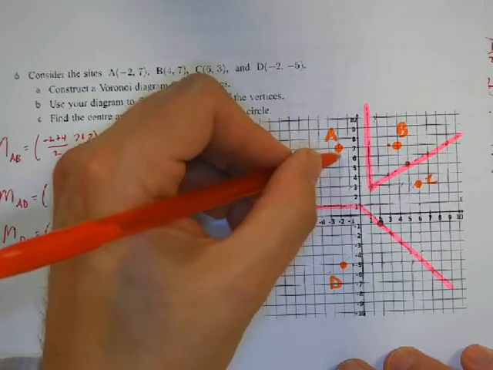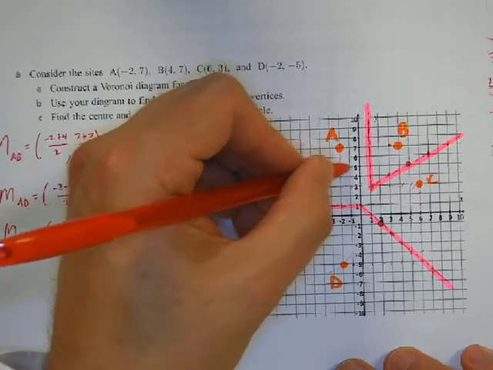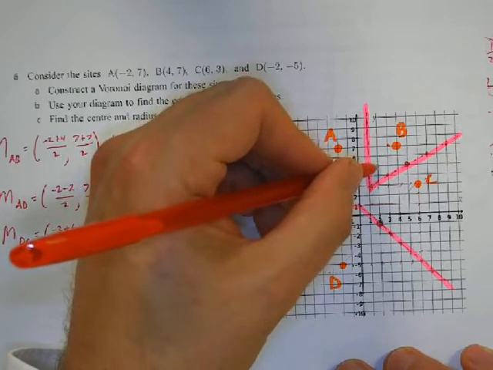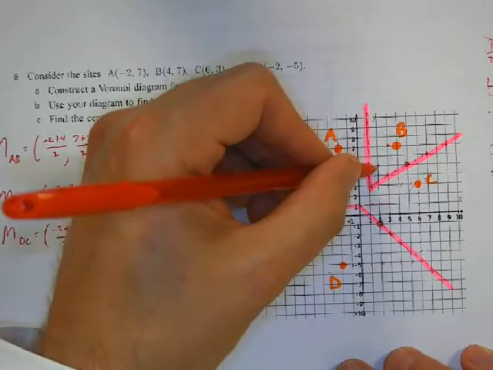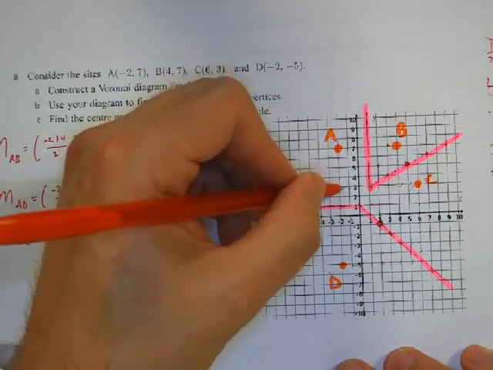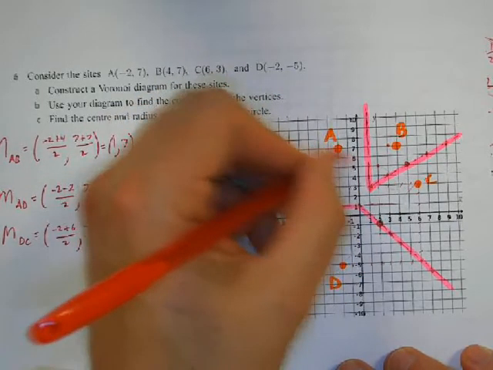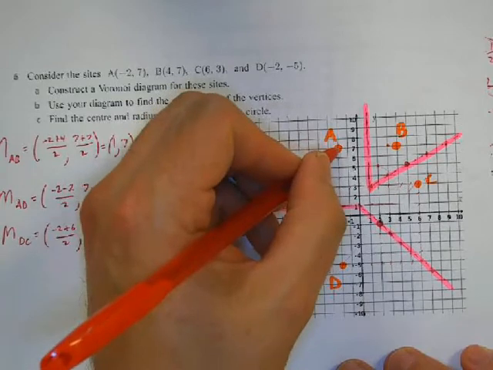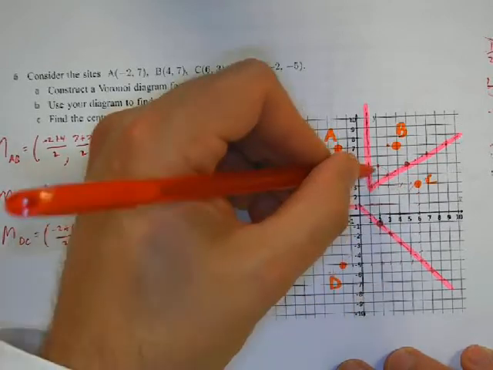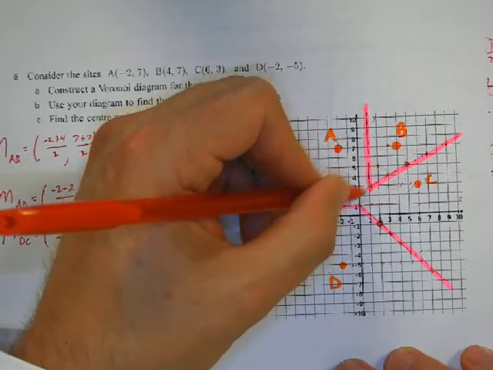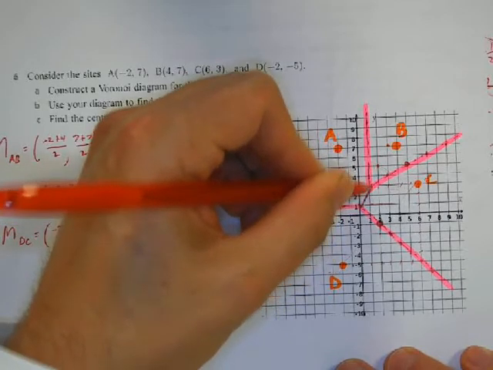So it really goes down 2 and over 4, and that's the midpoint between A and C. My slope between A and C is -1/2, so the new slope is going to be +2, and it connects right there.